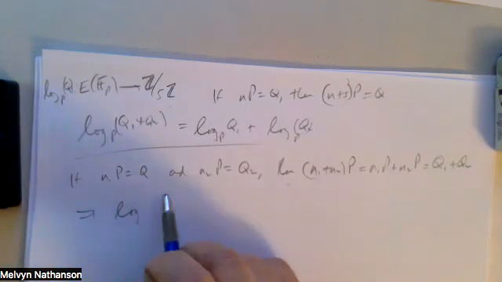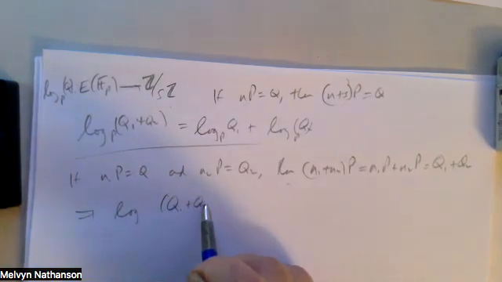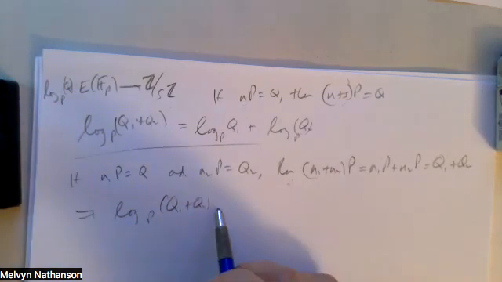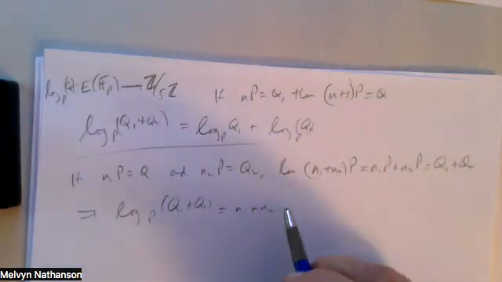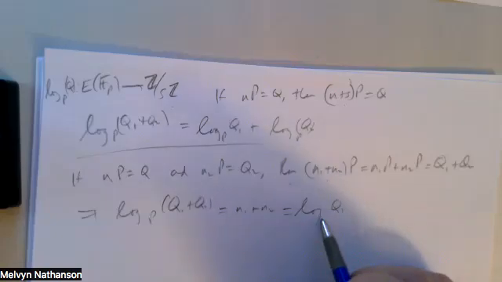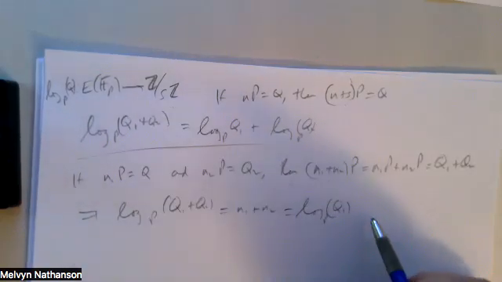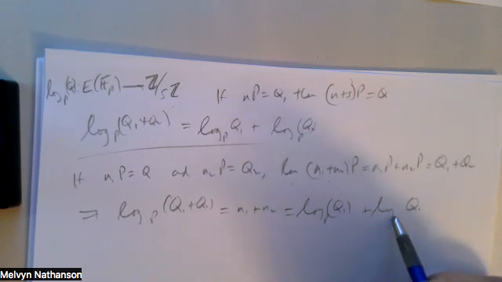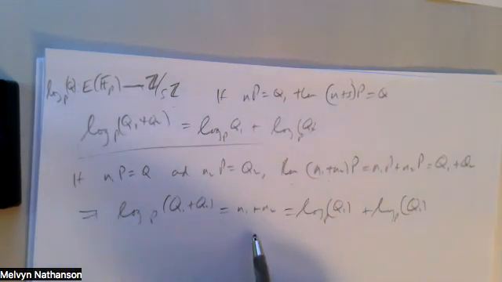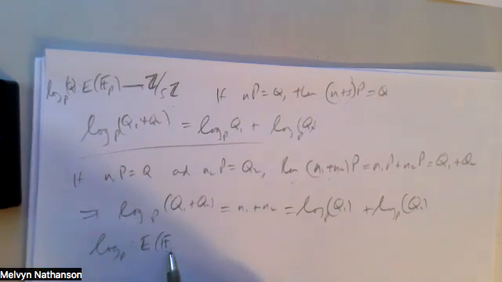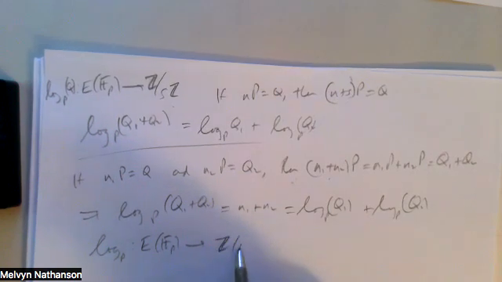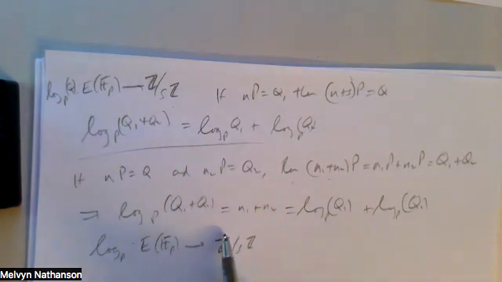So the log of Q1 plus Q2 to the base P is N1 plus N2. But N1 is the log of Q1 to base P, and N2 is the log of Q2 to base P. So log P as a function from the elliptic curve to the integers mod S is actually what we call in algebra a homomorphism.